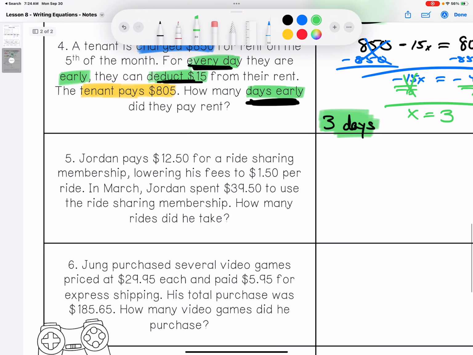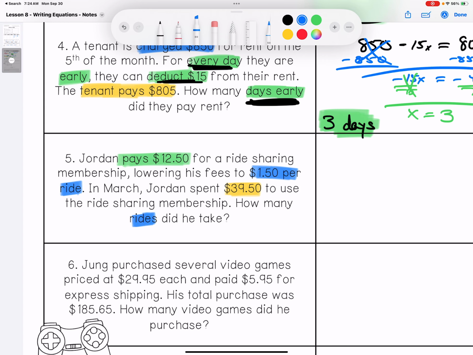All right, number 5. Jordan pays $12.50 for a ride-sharing membership, lowering his fee to $1.50 per ride. And the total in March, he spent $39.50. How many rides did he take?